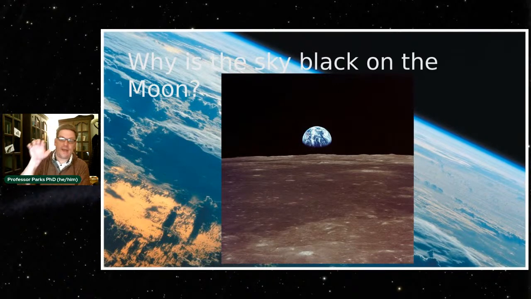So right here we have the moon, we have the Earth, and I think this is called Earthrise. It's actually been tilted. I think the original photograph was taken by someone whose last name starts with a B, I can't remember. Anyway, the original photograph is tilted this way, but this is the famous Earthrise photograph.